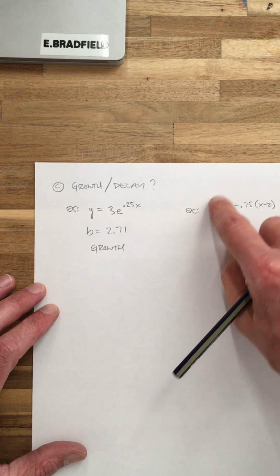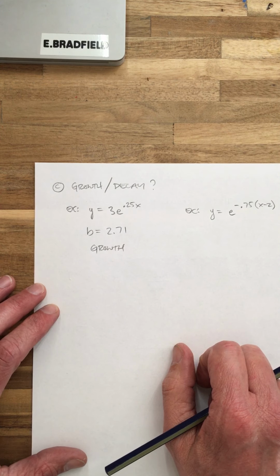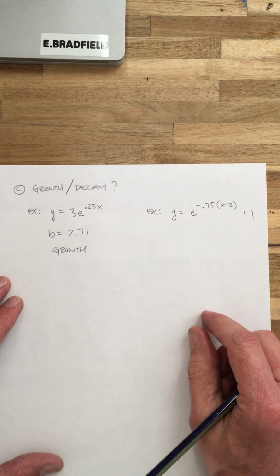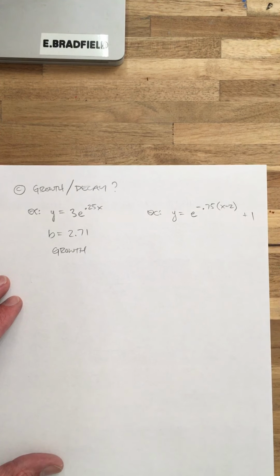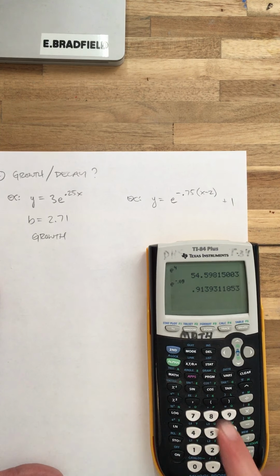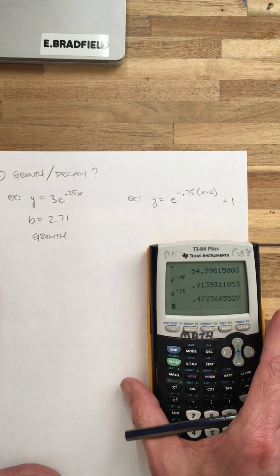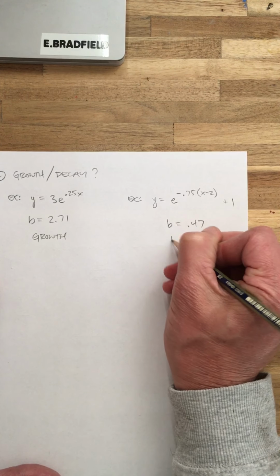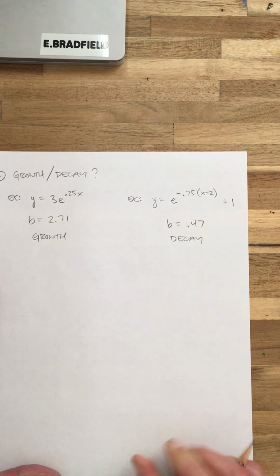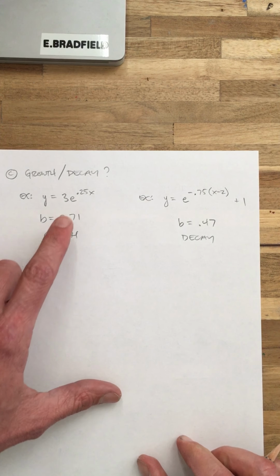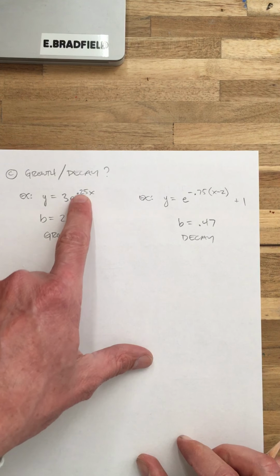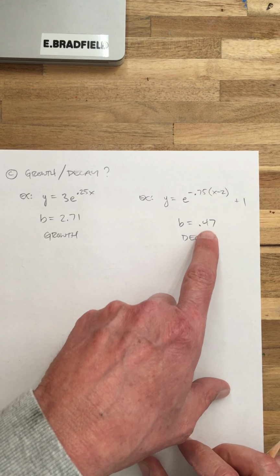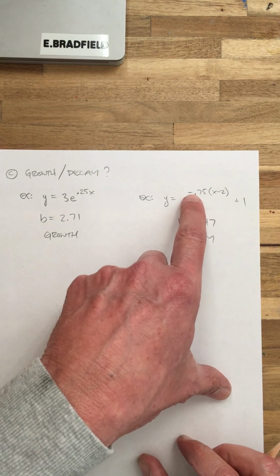That's going to take this guy and bring it to the denominator, which gives us a fraction, which is going to put our b value, let's just do this really quick. e to the power of negative 0.75. What do you get? You get 0.47. So b equals 0.47. That is, my friends, decay. So when b is greater than 1, that's because it's a positive exponent. b is going to be in between 0 and 1 when we have a negative exponent.